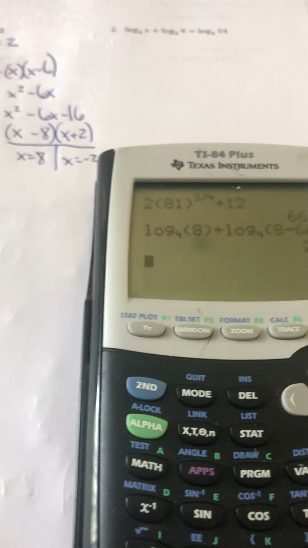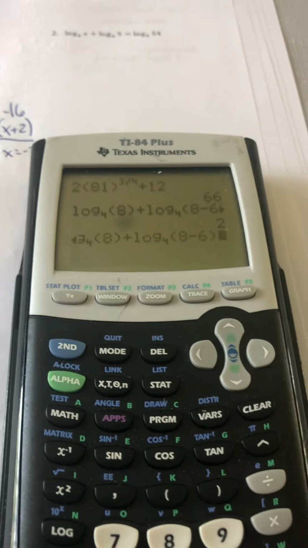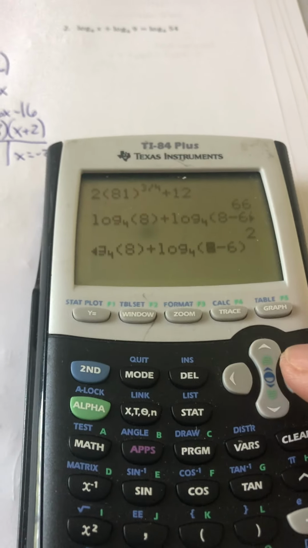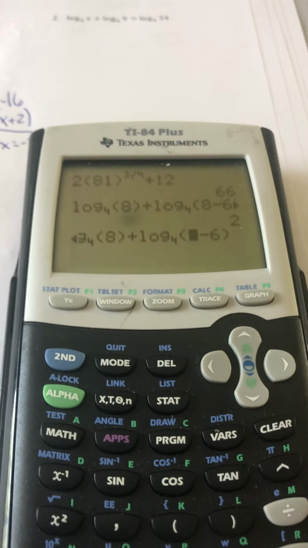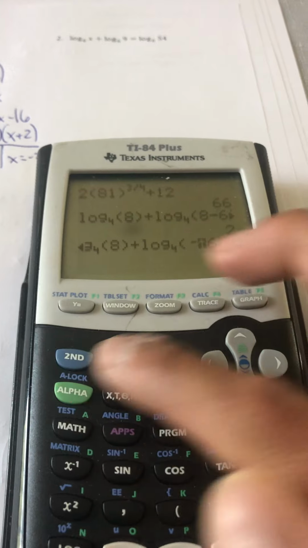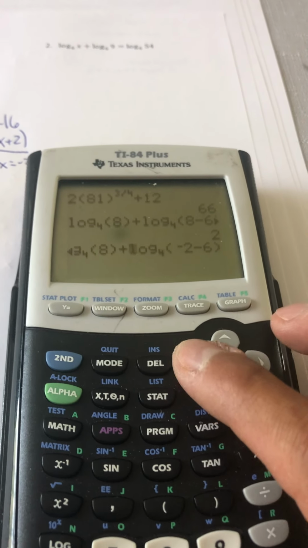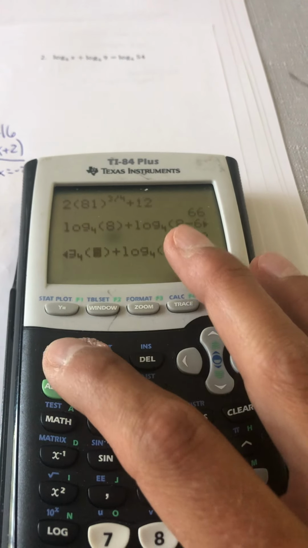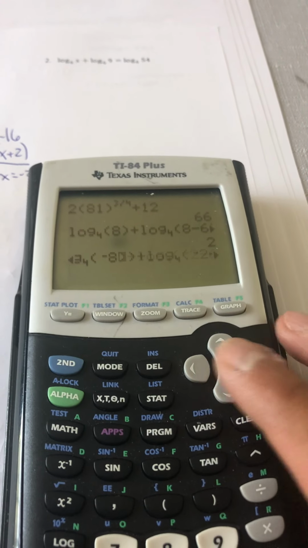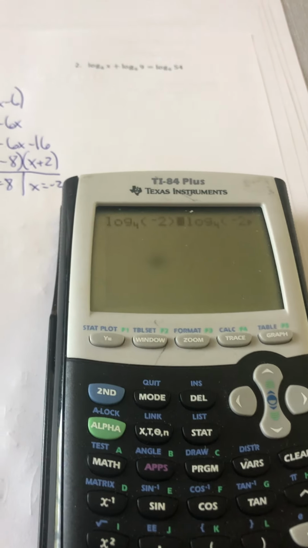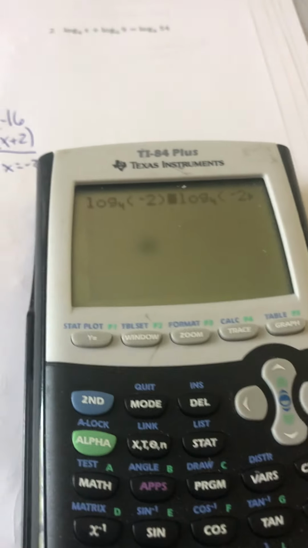Now the next thing that I'm going to do is push second, enter, and I'm going to plug in negative 2 where the 8 was, because that's what we need to check. So I have negative 2, and I have to plug in a negative 2 here. So I go to this, and I get an error.